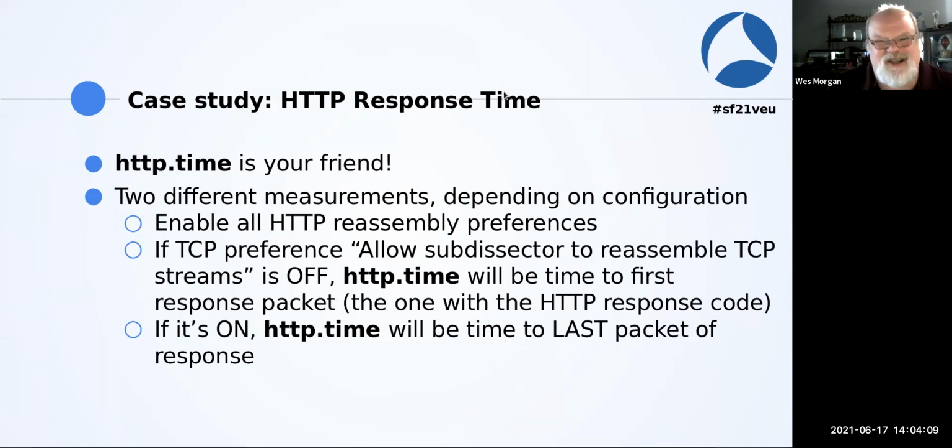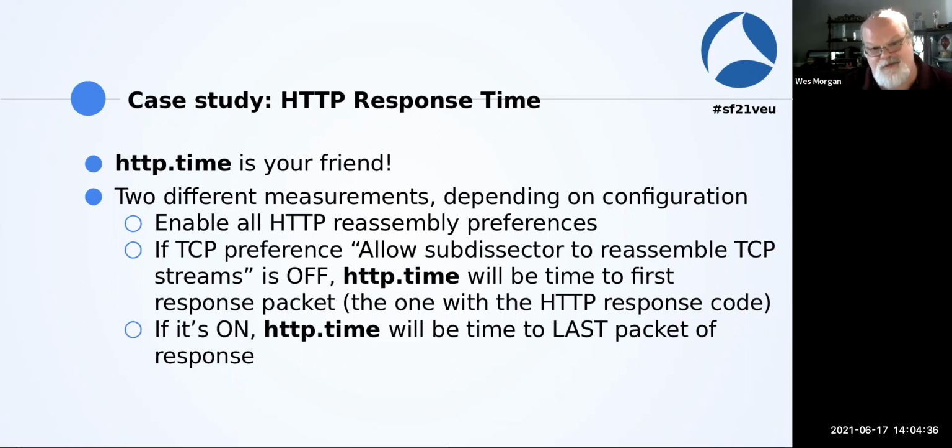Moving on to HTTP, and with the ever-growing number of web-based applications, this one comes up more and more frequently. And Wireshark's computed HTTP.time statistic is your friend. This is what's going to be your biggest help. Now, it's flexible.